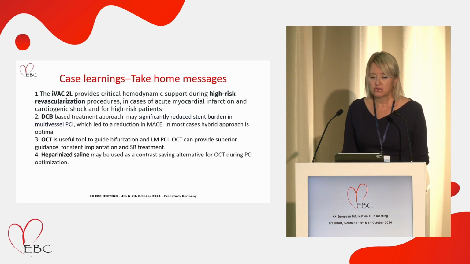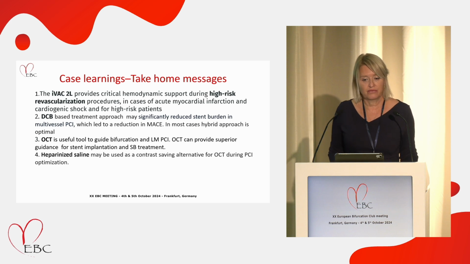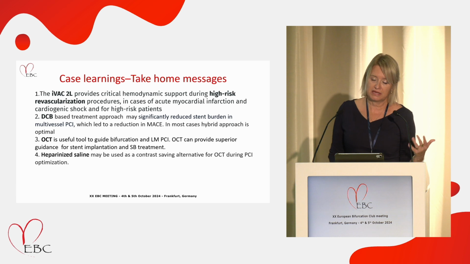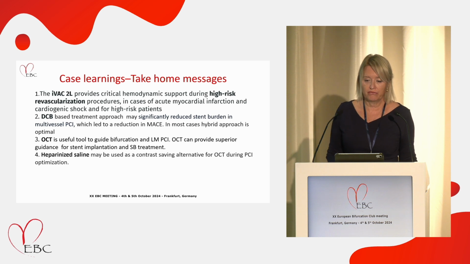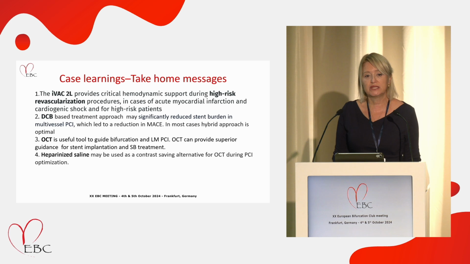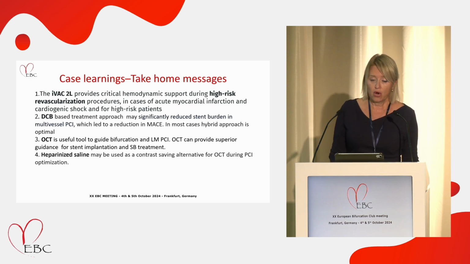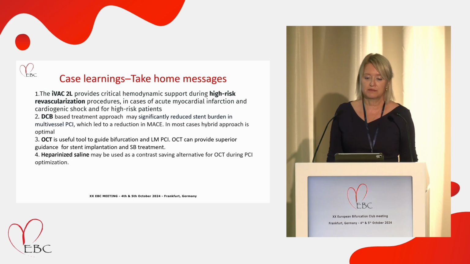And we have some good results from the studies in high-risk patients, and it also helps us to feel better. I think that the DCB option is very good for DCB-only treatment, but sometimes for DCB as a hybrid option, because we will have a lower stent burden, and maybe we can reduce MACE.